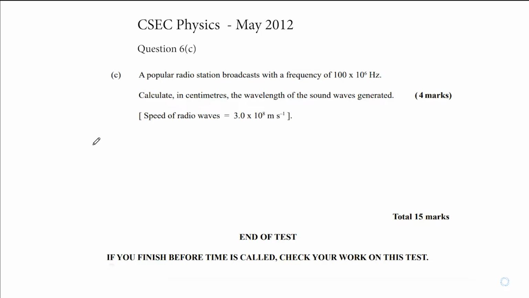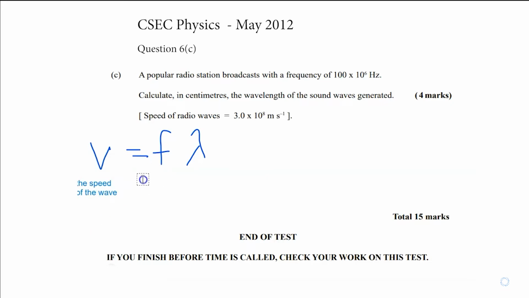Alright, so there's actually one formula that relates the speed of the wave, the frequency of the wave, and the wavelength of the wave. This formula is V is equal to F lambda. V represents the speed of the wave.